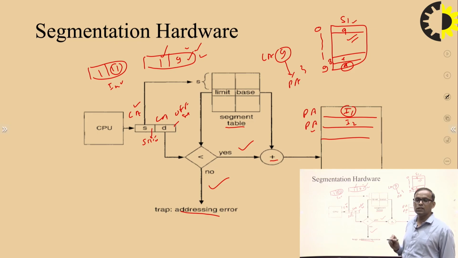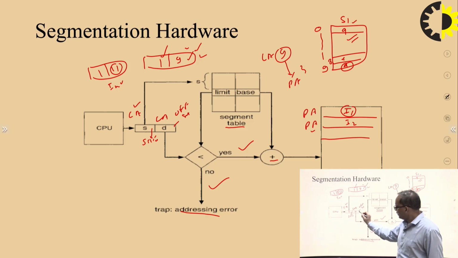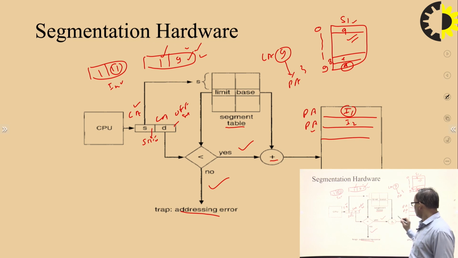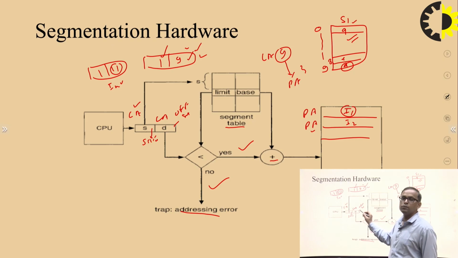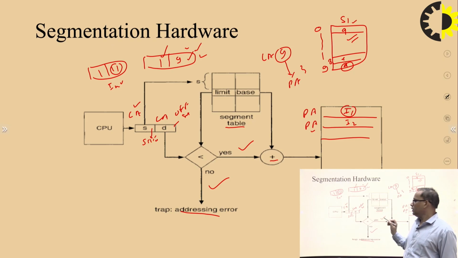Now our task is to find the physical address. In order to find the physical address, we will add this segment offset value to the base address of the segment number, then we get the physical address. The second case is: if this segment offset value is greater than the limit value of the segment number, then it represents an addressing error.